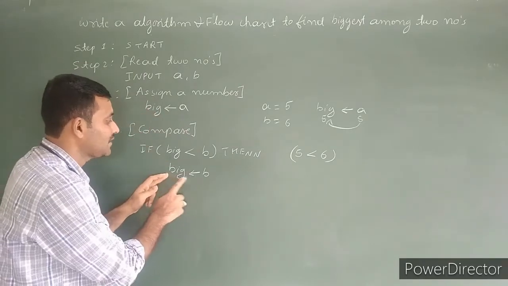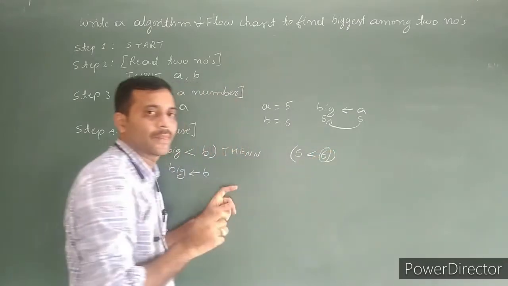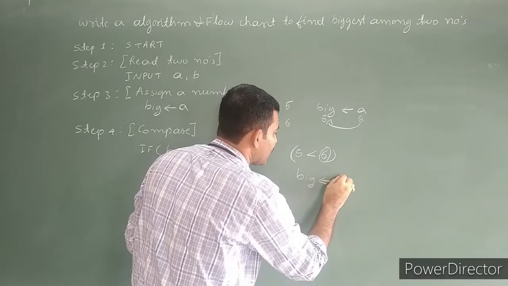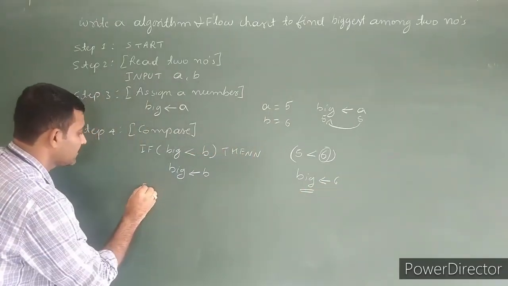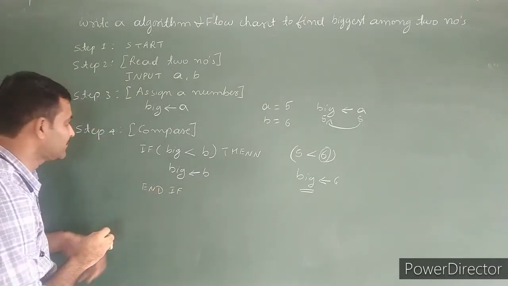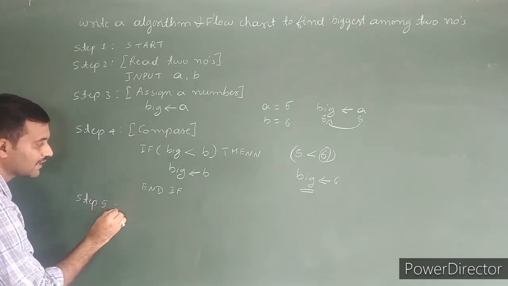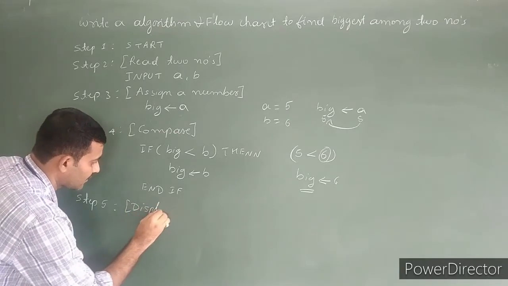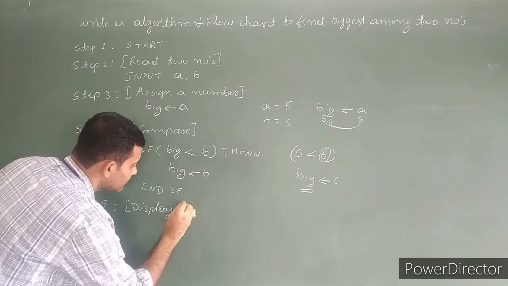If 5 is less than 6, then 6 is the biggest value. We reassign big ← 6, so the value of big is 6. Then END IF closes the simple if. Then in step 5, display A, B, or display the two numbers.